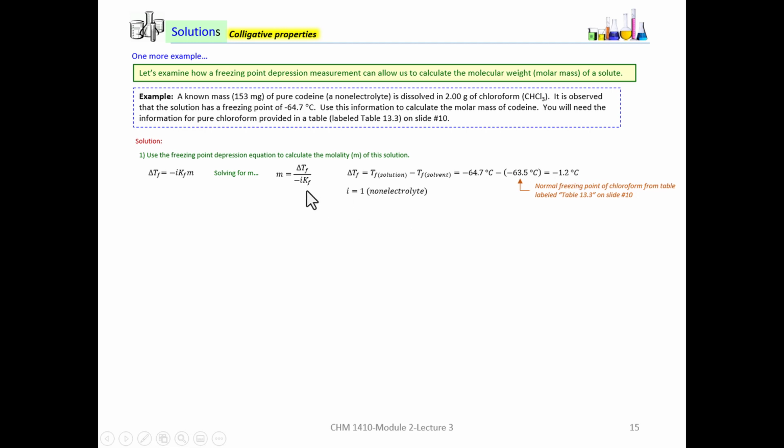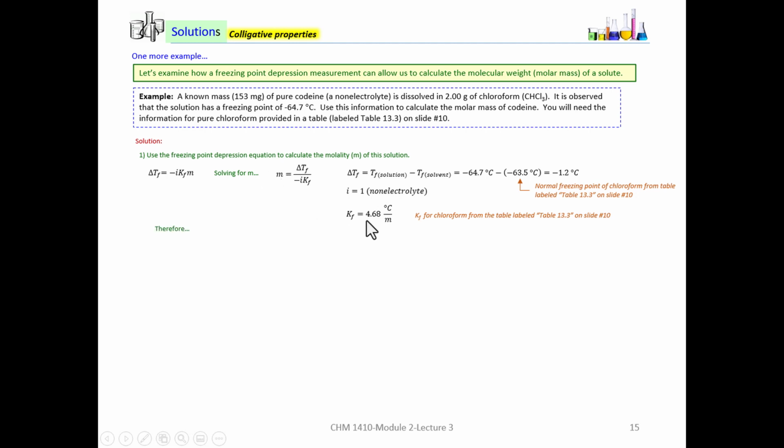i would be 1 because this is a non-electrolyte, and K_f would be 4.68 degrees C per molal. Again, this would be the freezing point depression constant for chloroform, which you would lift off that table. So we have all the tools we need to calculate the molality of the solution.